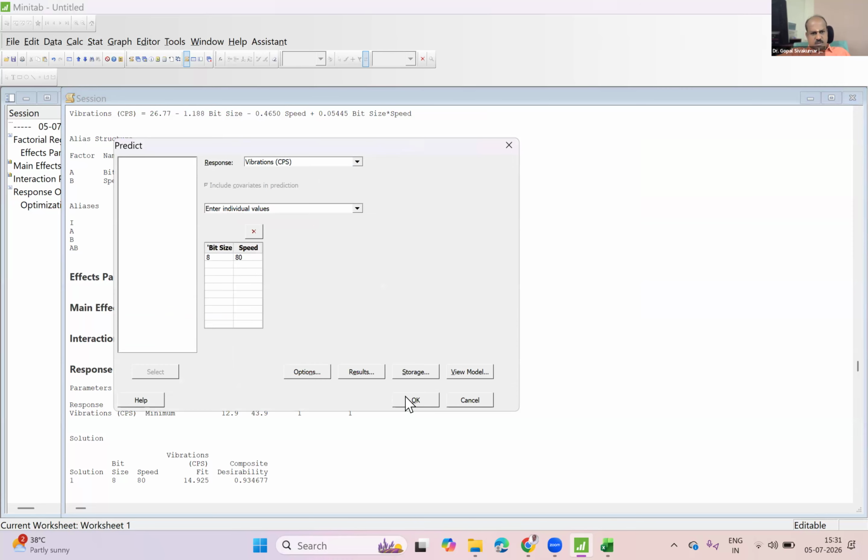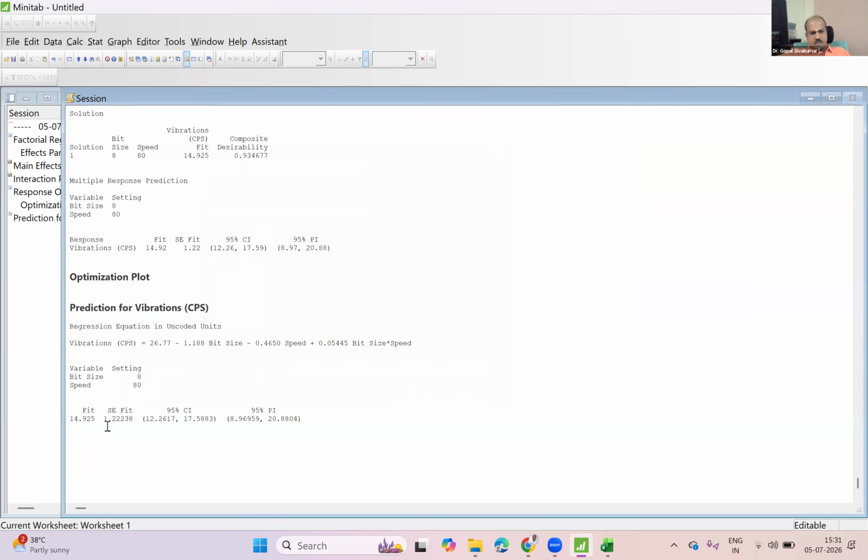So in this situation, what will be the vibration you are getting? 14.925 cycles per second. And a small variation is expected. You see variation. It can go as low as 12.2 and the same can go as high as 17.5.